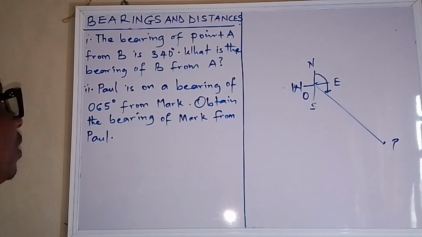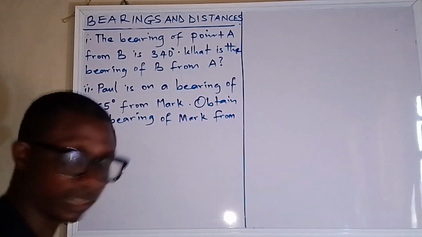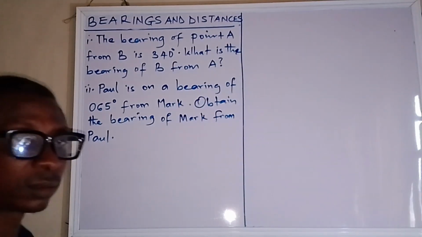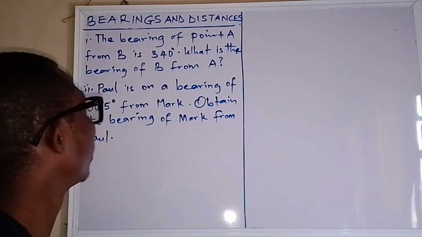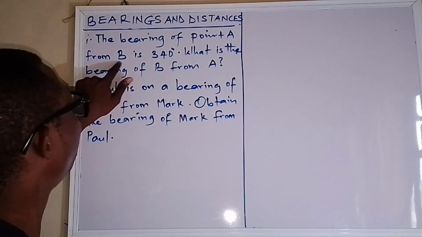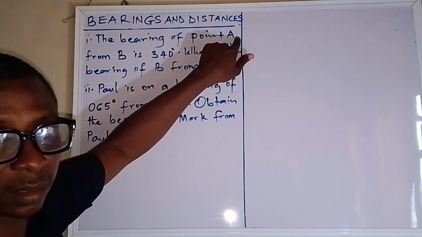Now to do this, the first thing I need to take note of is what point determines another point. Now look at this. B will determine the position of A. Why?